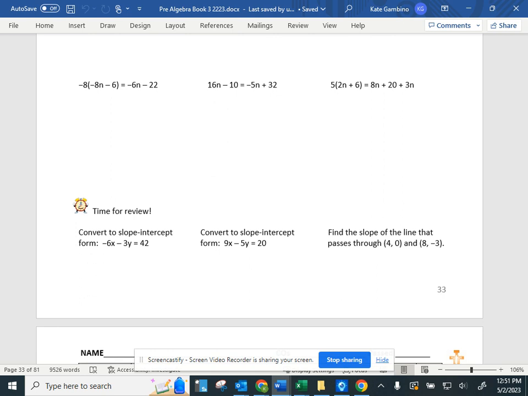Who could tell me what that slope-intercept form is? Mario. Y equals mx plus b. Woo! Y equals mx plus b. What does the m stand for? Emily. The slope. What does the b stand for, Tegan? Y-intercept. The y-intercept. If we have a y-intercept, what do we know about every y-intercept?